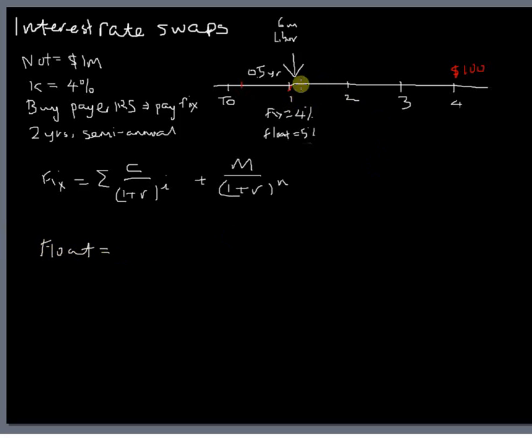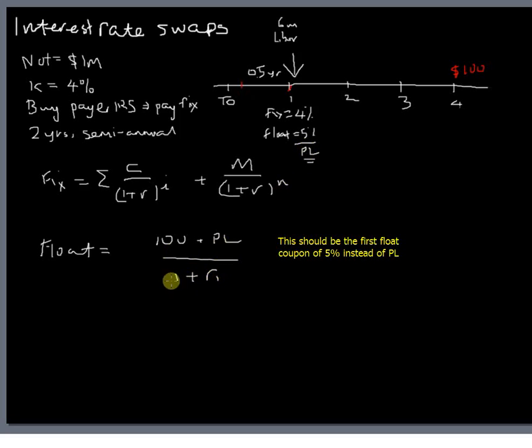As at this point in time, the value of a floating rate bond is par, it's $100. And at this point in time, there's a P&L here, plus the P&L here, and we discount this value using the first period discount rate.